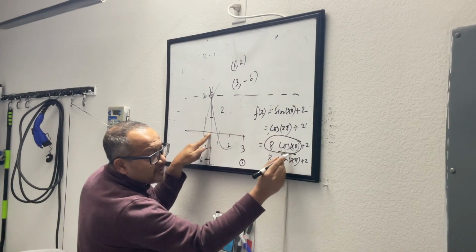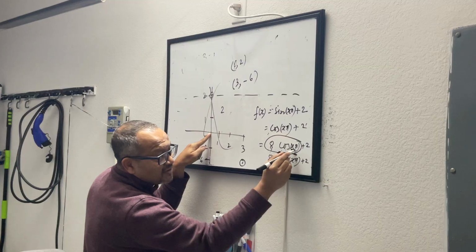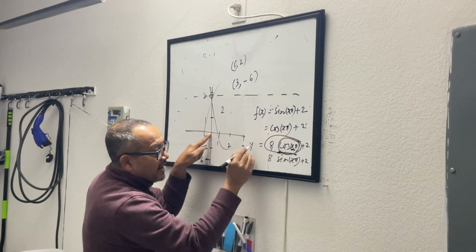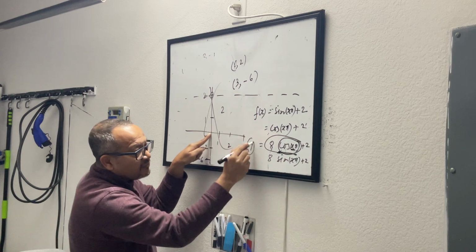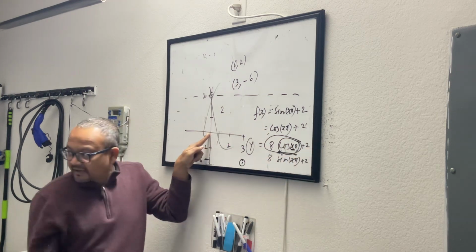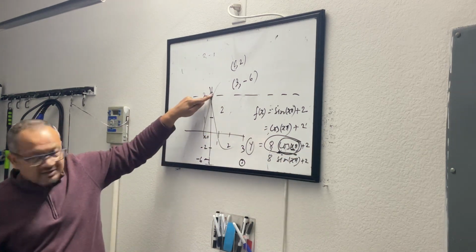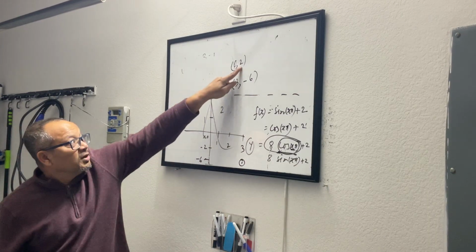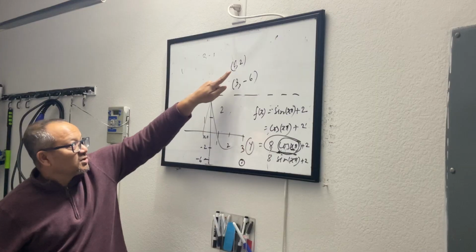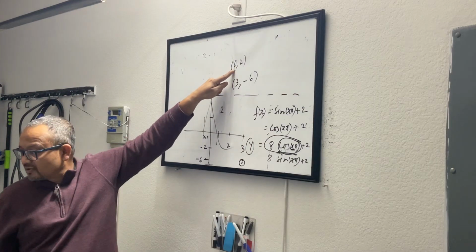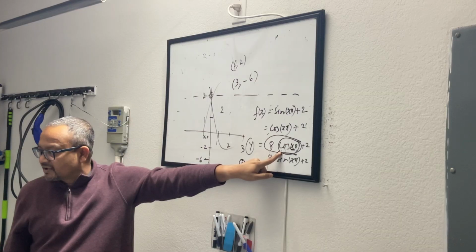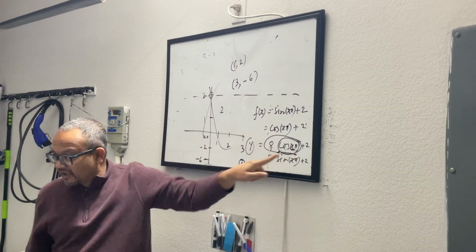If it was a cos function, when x was 0, this would have been 1, and the value of y would have been 8 plus 2, 10. But since this is intersecting, at this point the y value is 2 and the x value is 0. So cos is out of the question, because this makes it 10.